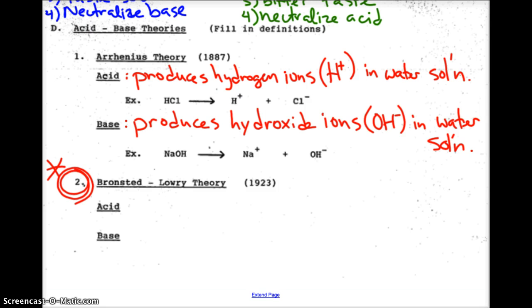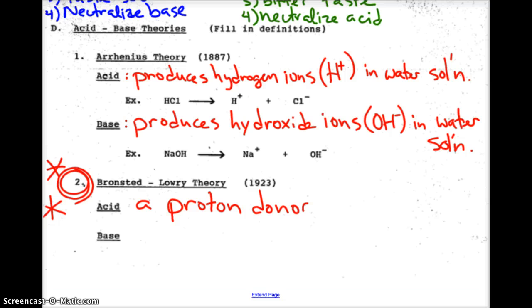The Bronsted-Lowry definition is the one that most chemists use until you get into a lot of biological systems. The Bronsted-Lowry definition, an acid is, for all practical purposes, the same definition that Arrhenius used: a proton donor. Well, what's a proton?